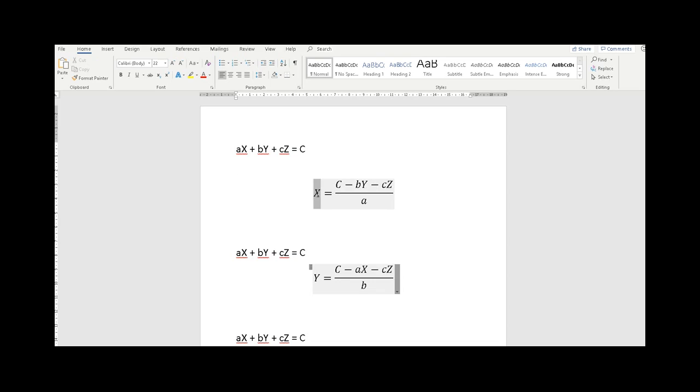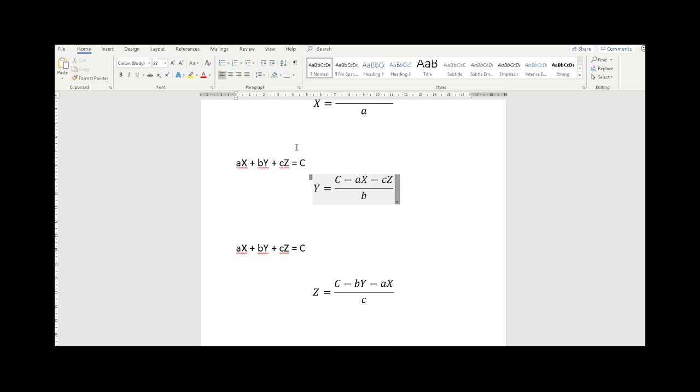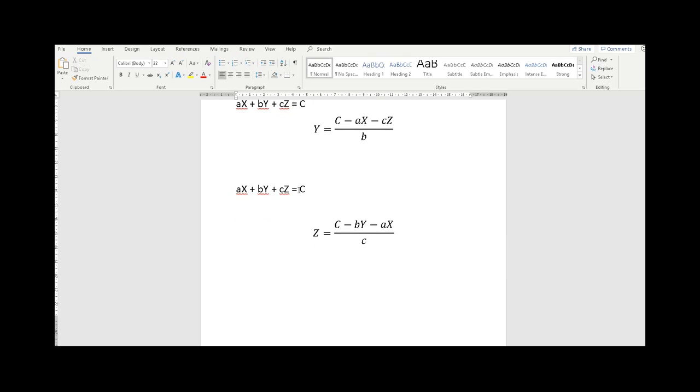And to get the value of X, we still have AX. So we divide both sides by A, hence the denominator A. So the same concept applies for the Y dominant equation. And the same thing with the Z dominant equation.